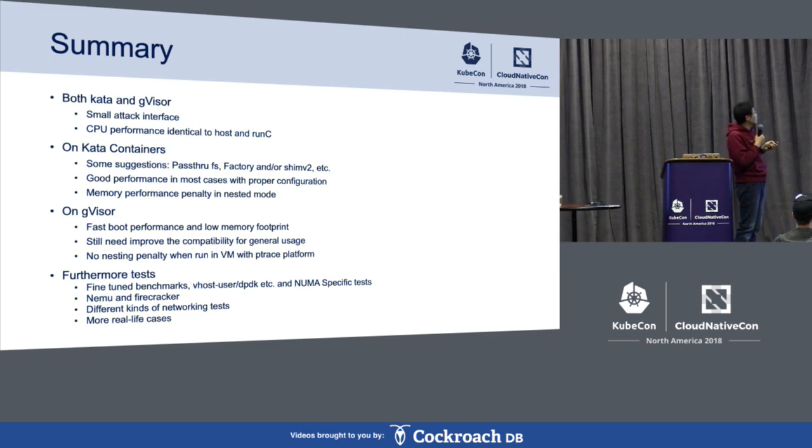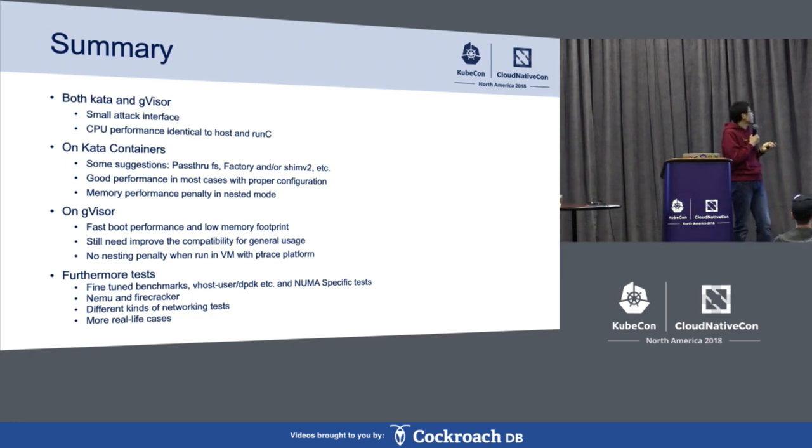Also the CPU performance is identical to host and runc. So if your application is a pure CPU-bound case, such as TensorFlow or something like FFmpeg for encoding and decoding, all these cases are quite similar. They have quite similar performance.